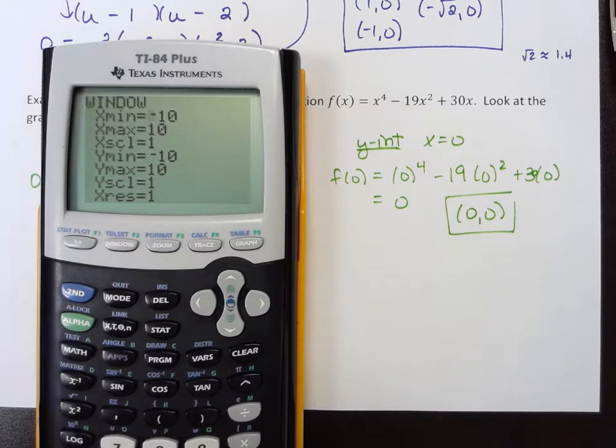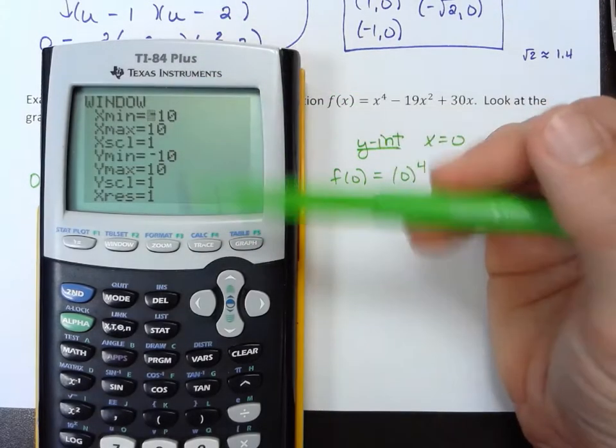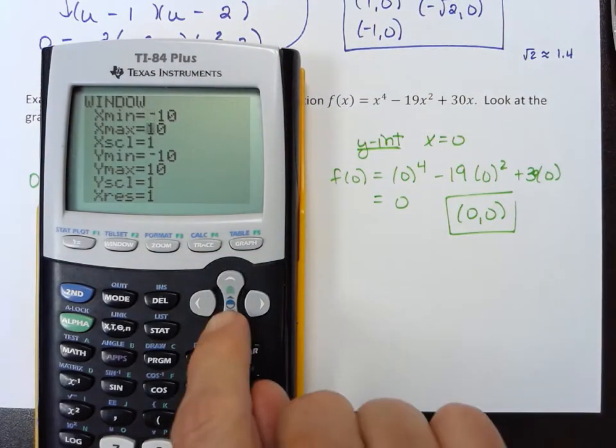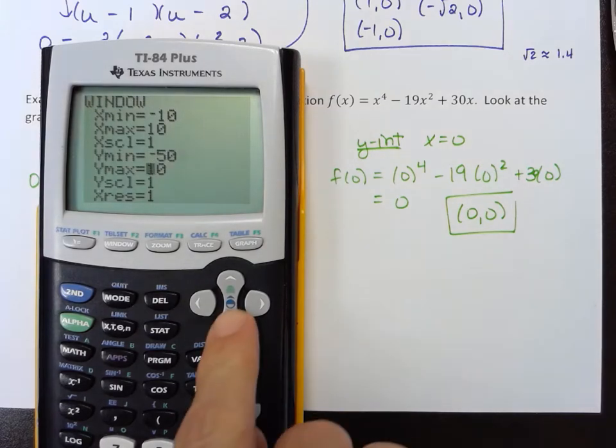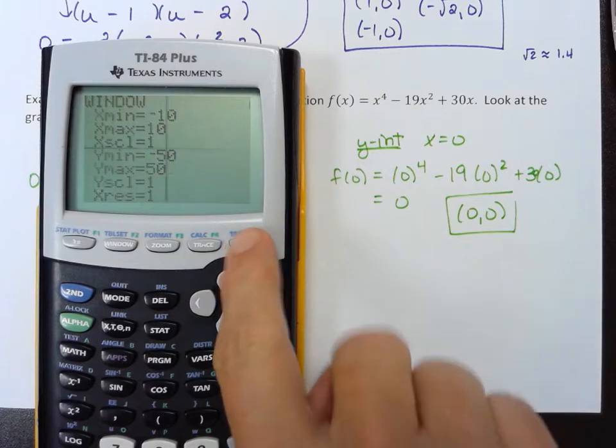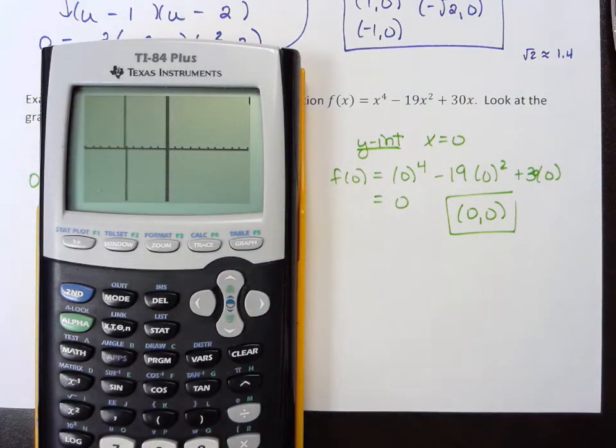I'm not really sure what I need to change it to, so you get to see me doing some trial and error here. It looks like we needed more y's, so I'm going to leave the x's as they are. I'll change this to negative 50, and I'll change this to a positive 50. Let's just see what that does for us. Okay, so we see a little bit of what's going on.